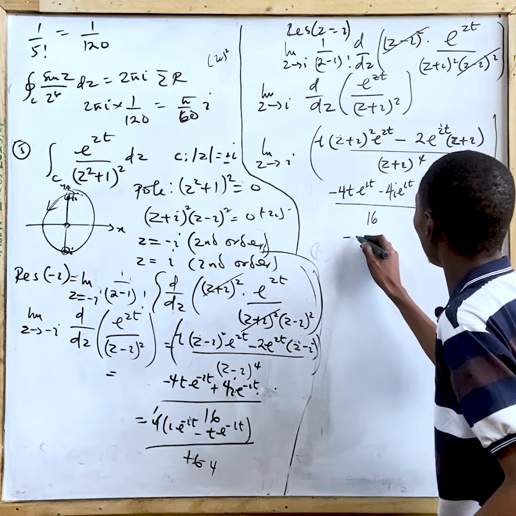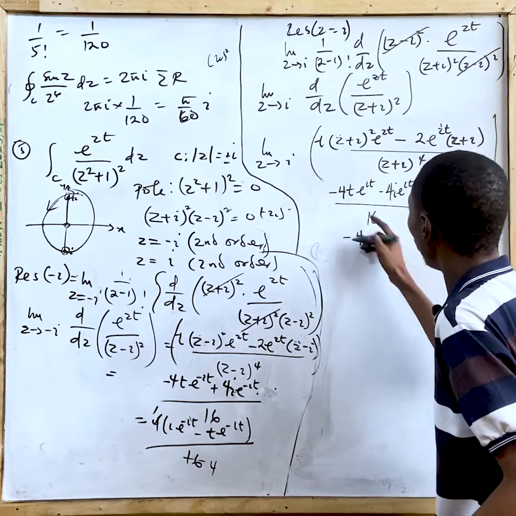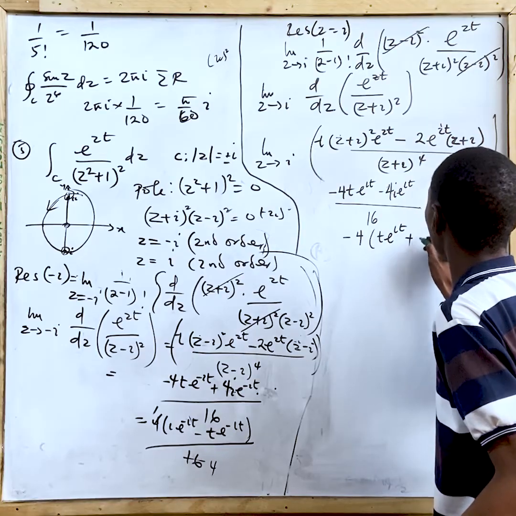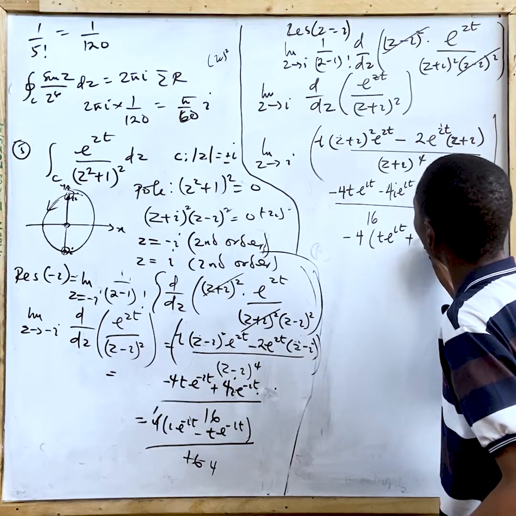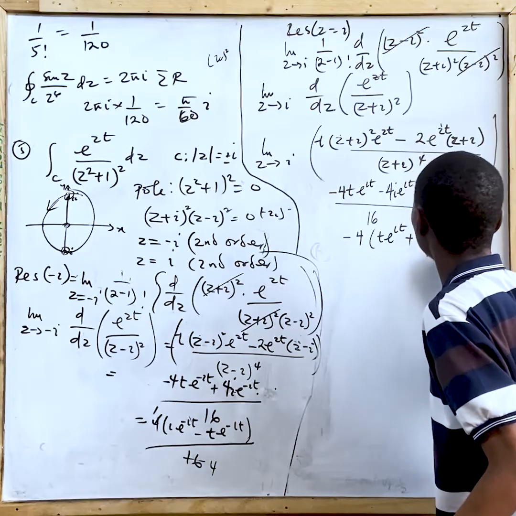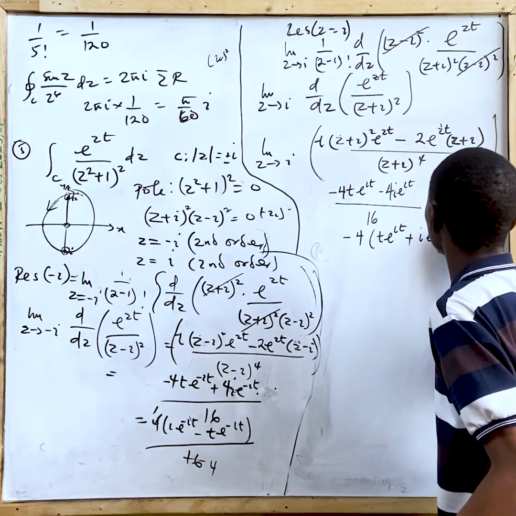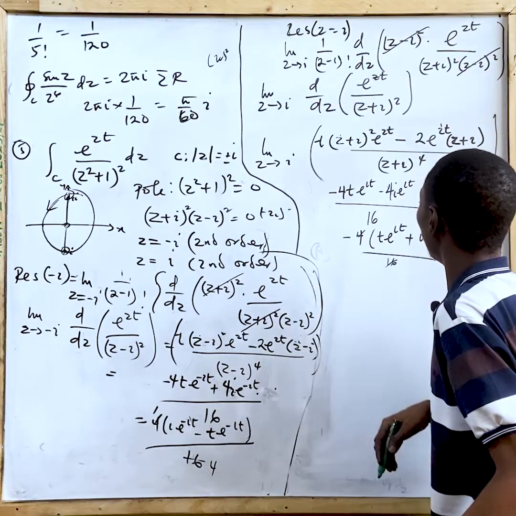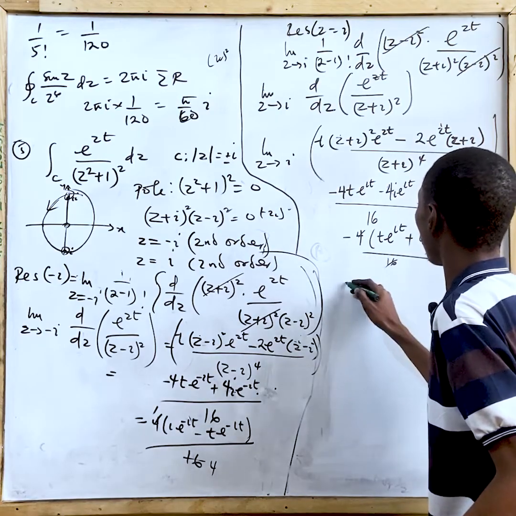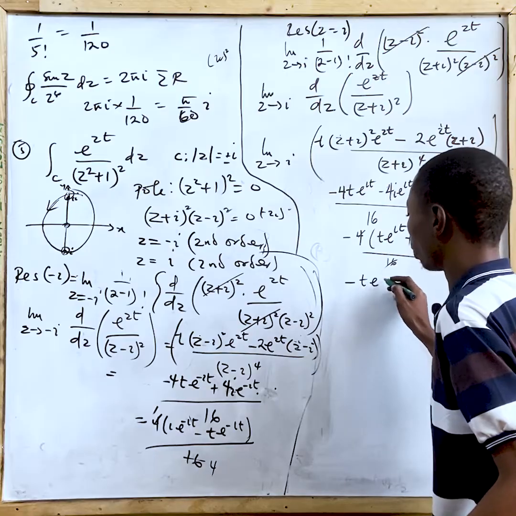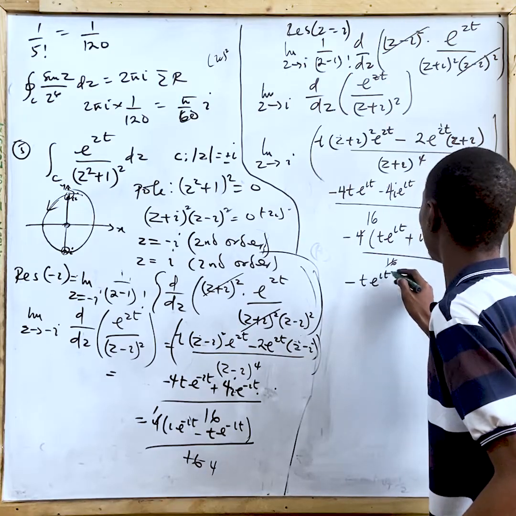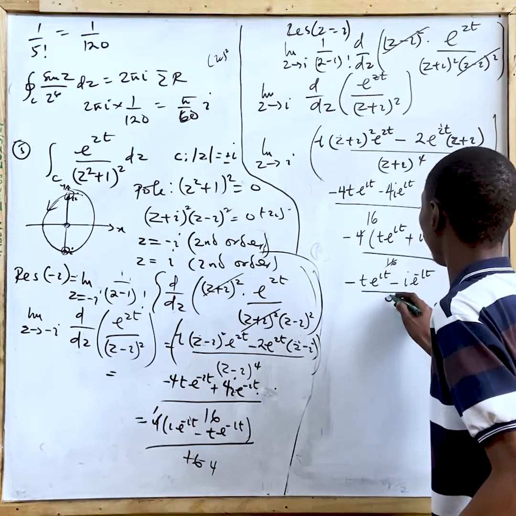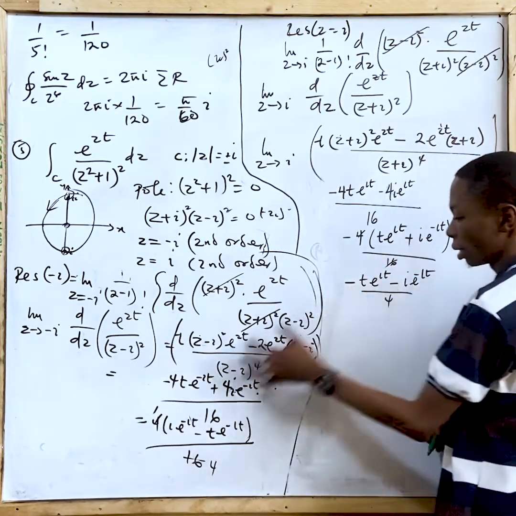If I factorize minus 4, that's minus 4 times t e raised to the power it plus i e raised to the power minus it divided by 16. So 4 here and 4 here, that's minus t e raised to the power it minus i e raised to the power minus it divided by 4. So this is the second residue, this is the other residue.